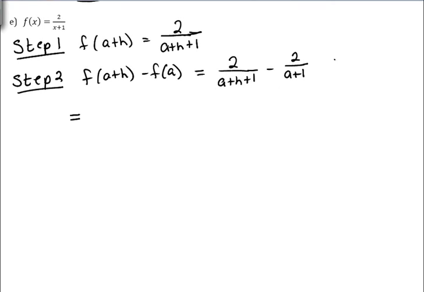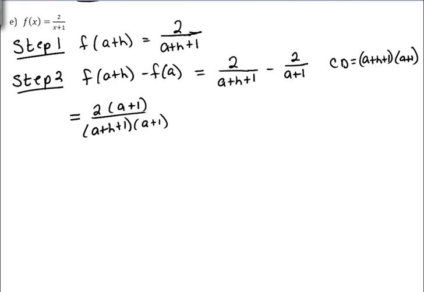And so the common denominator is going to be a plus h plus 1 times a plus 1. So in order to get the common denominator in our first fraction, we're going to have to multiply this by a plus 1, both the numerator and the denominator. And then minus 2. Here we're going to have to multiply by a plus h plus 1.